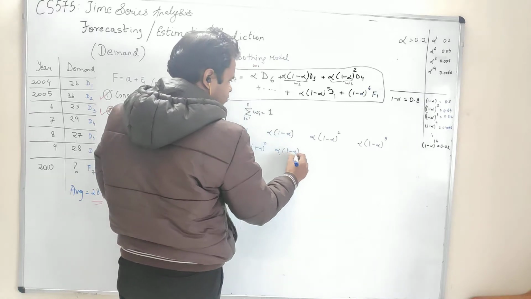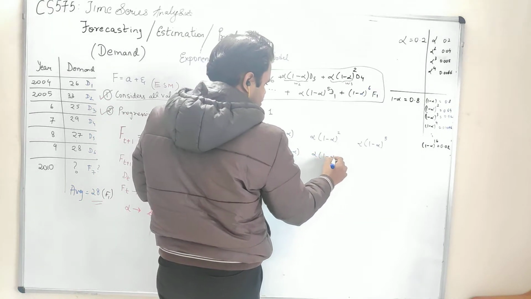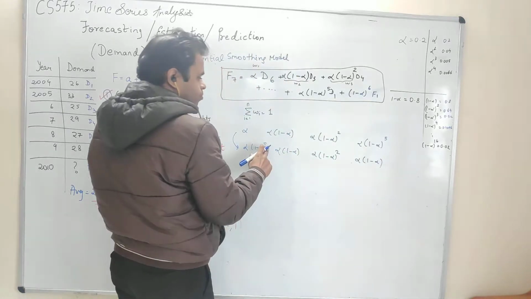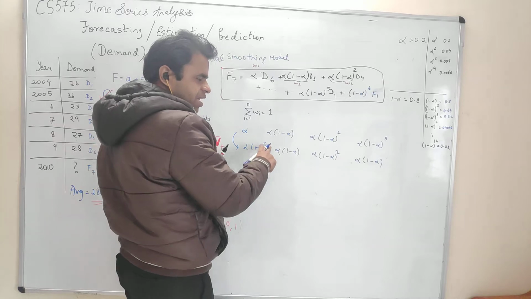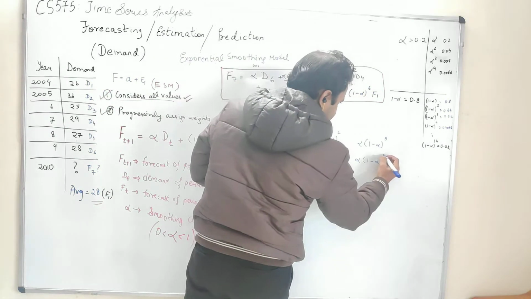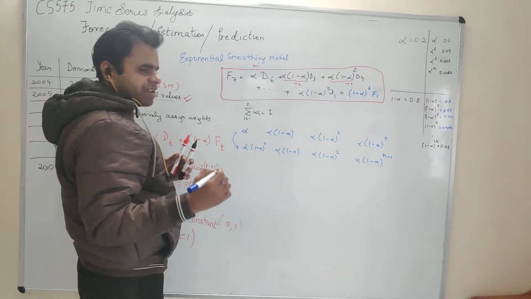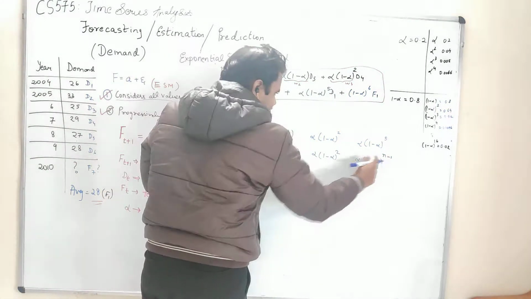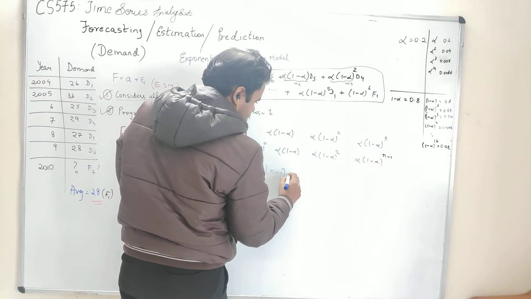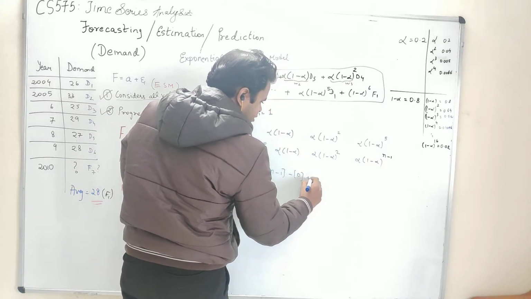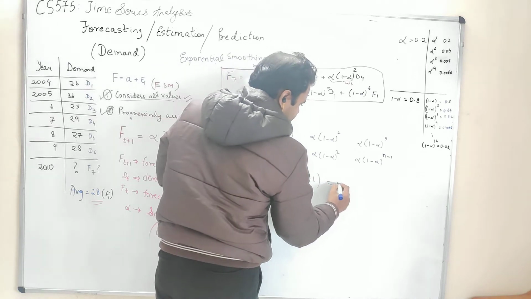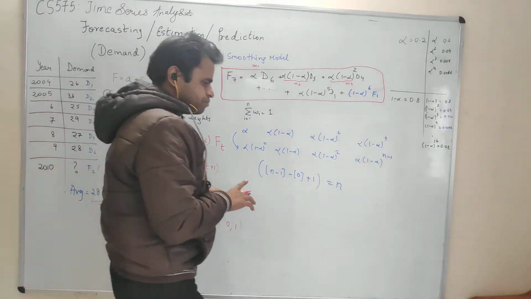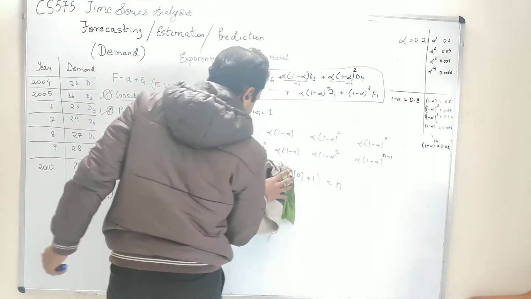Then we have alpha(1 minus alpha), alpha(1 minus alpha) whole squared, and so on. Because 0 is the first exponent, if we have a series of n terms, the last exponent will be n minus 1 and not n. The total number of values in the series is the last term minus the first term, including the term itself, so this gives me n. Hence the last value will be n minus 1. I hope things are clear till now.